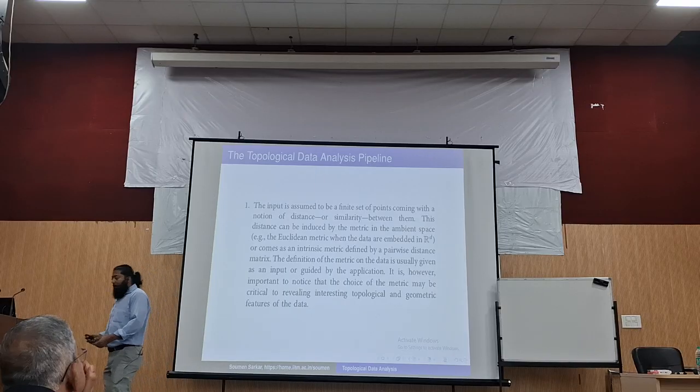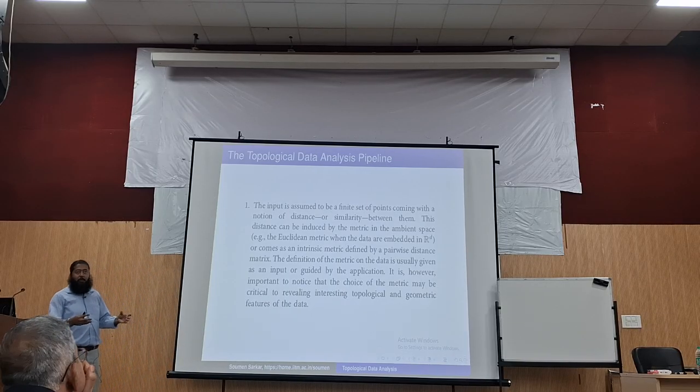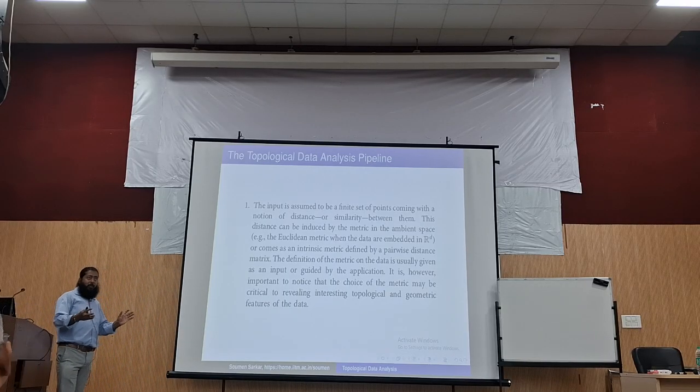That collection of points will be meaningful if we consider these points in some metric space. That means there are some distances between them. So that metric is important. It is not always the case that it has to be the Euclidean metric; it can be some other metric also.